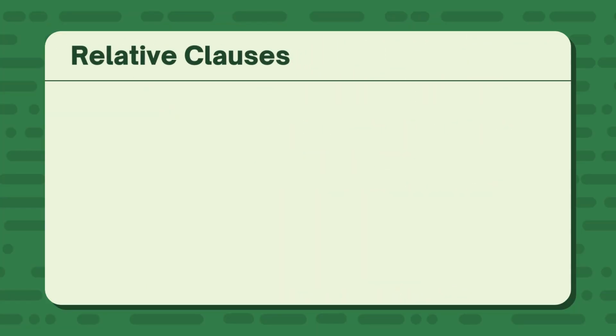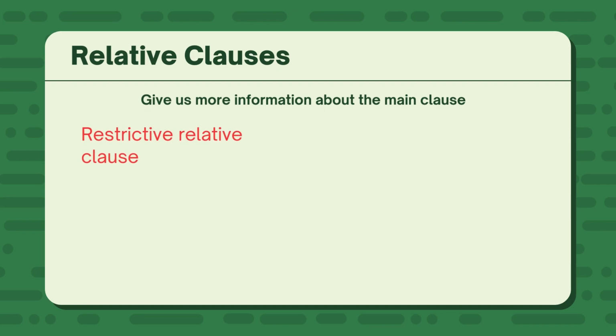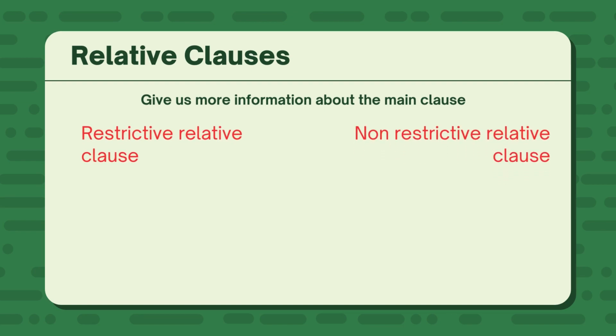You may remember if you watched my previous video that a relative clause is a clause that gives us more information about the subject of our main clause. A relative clause can be restrictive or non-restrictive. The main difference between the two is that a restrictive relative clause has information that makes the rest of the sentence make sense.